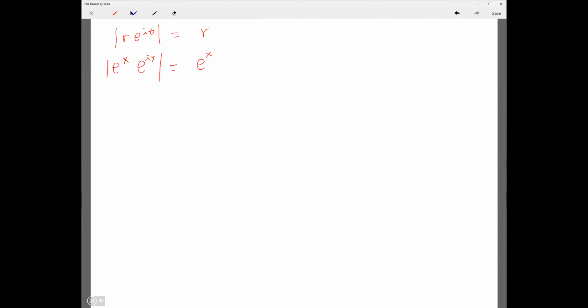Okay, so in other words, if you have a piece like e to the i something, then the modulus of that piece is just going to be 1. Okay, now how do we know that? Well, I'm sorry, I jumped ahead a little bit. So this is cosine of y plus i sine y, right? So the modulus is going to be the square root of cosine squared y plus sine squared y, which is 1.